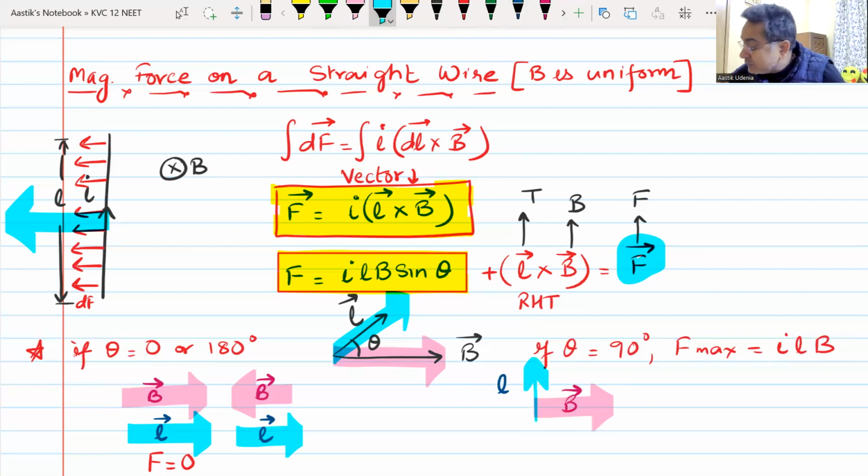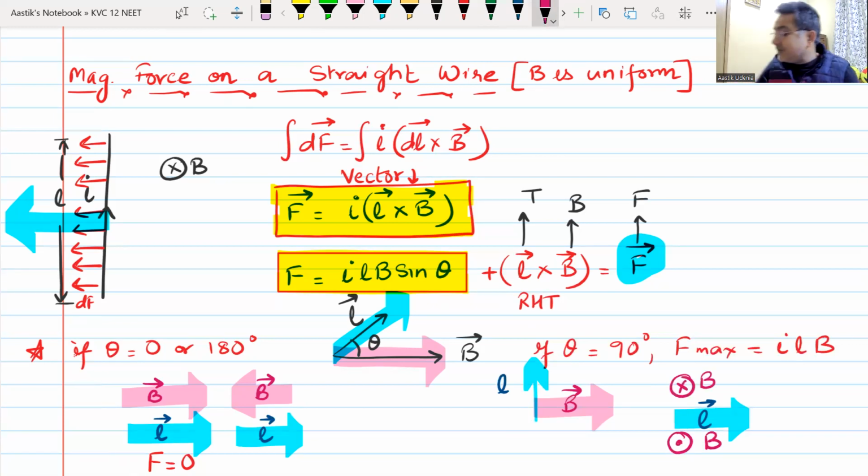Or your wire could be like this, and your magnetic field could be going inside the plane of the paper, or it might be coming outside the plane of the paper.